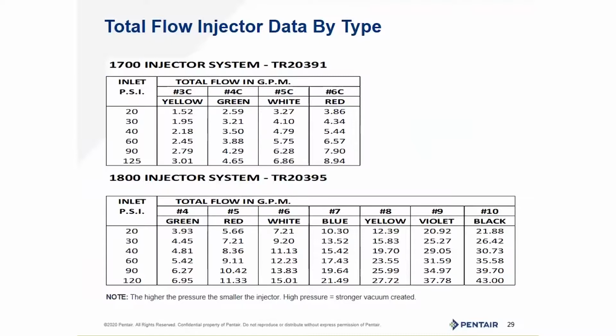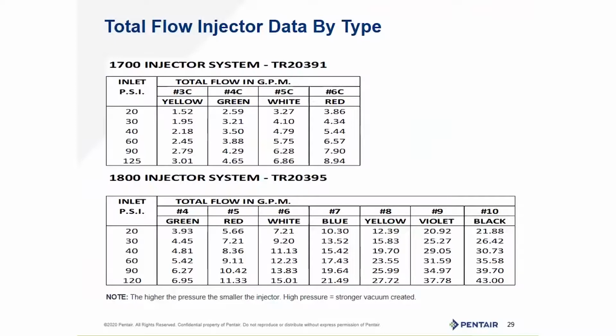That may be too high, or maybe are we using a 2900 on a 10 cubic foot system, and we look at 60 psi, we're going to want to use a 6C injector to get that number correctly. So depending on the softener and the valve you use and the plumbing diameter there, you're going to be able to select different injectors.